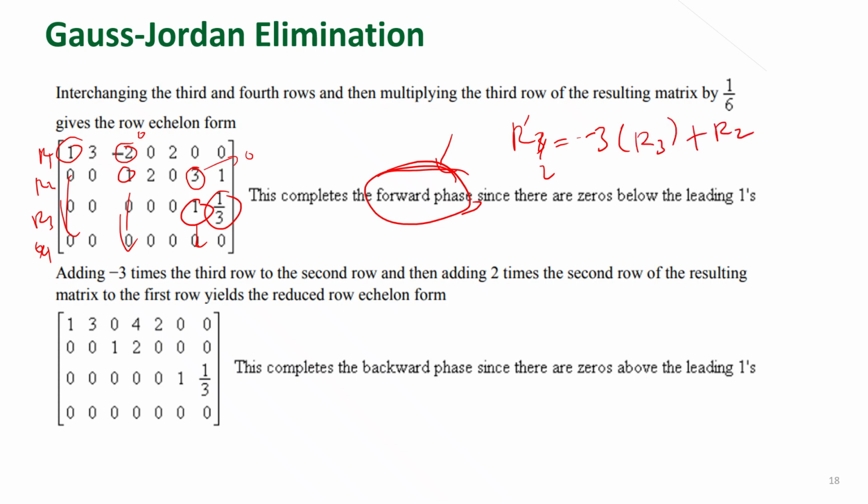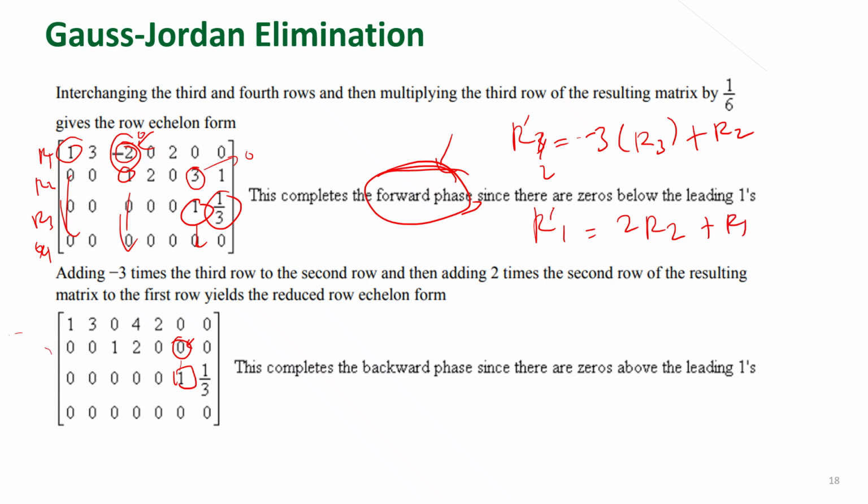Then you will have the entry above this one become 0. And another one: the new row 1 will be equal to 2 multiplied by row 2 plus the original row 1.